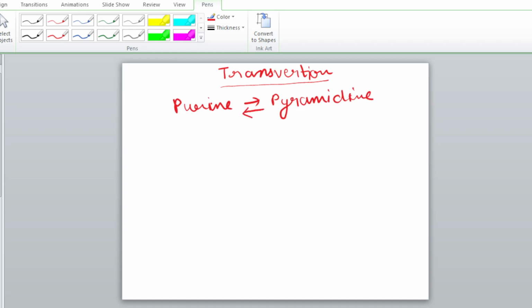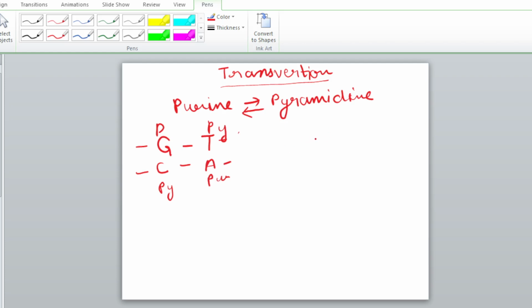Like G changed into T and C changed into A. In the first case this one is purine and this one is pyrimidine. In the second case this one is pyrimidine and this is purine.